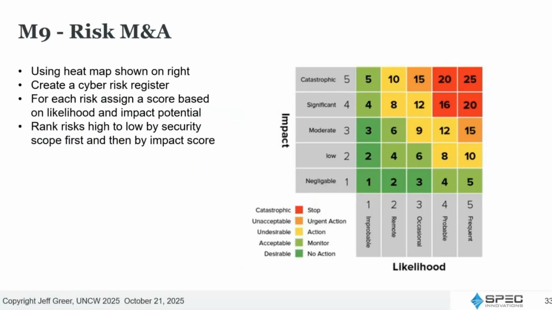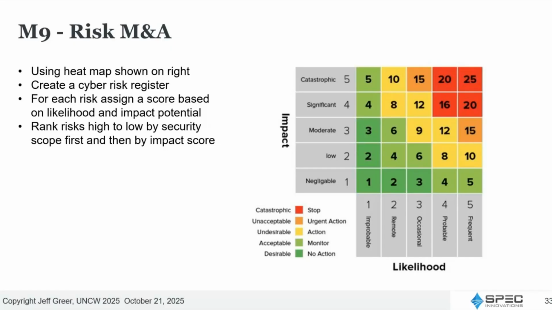So what you do is you get all your risks, right? You enumerate them, you list them out. And then using the heat map shown on the right, and this is built right into Innoslate, this is standard functionality, you can create a risk register, and then for each risk, assign a score based on the likelihood of the risk occurring and the impact potential, right?